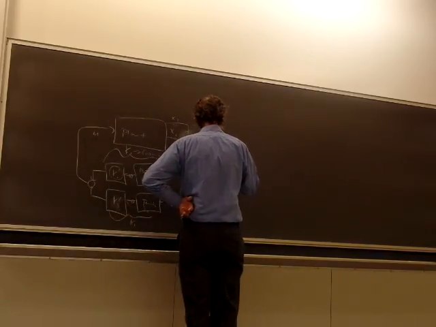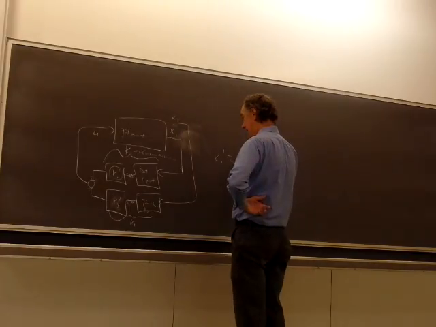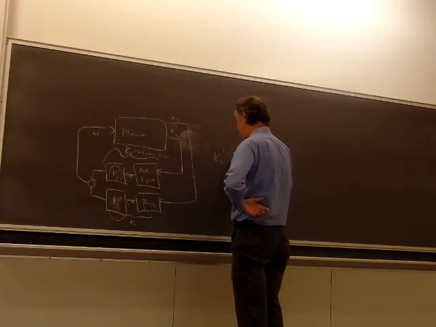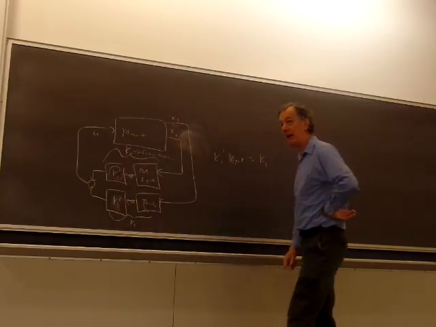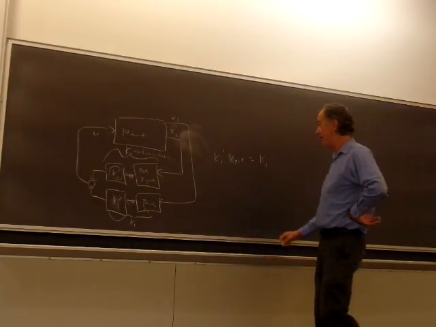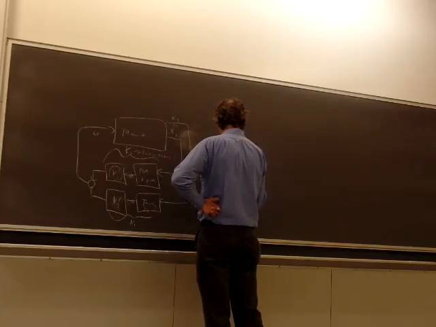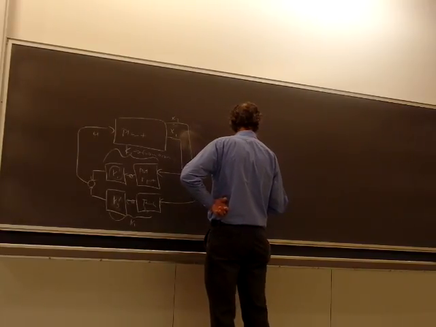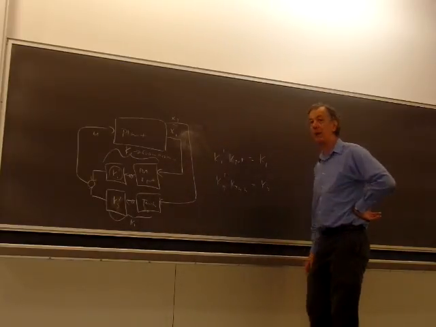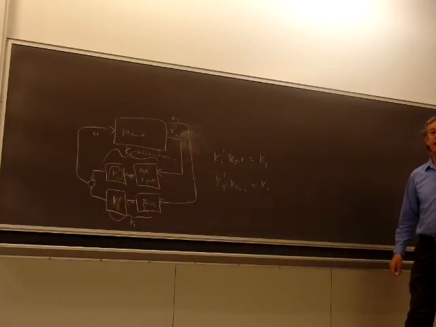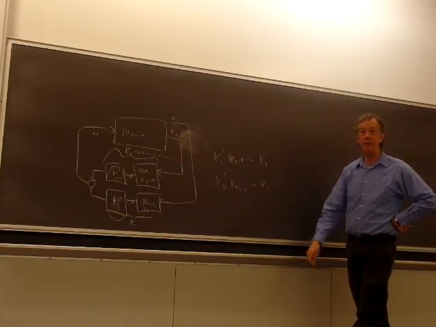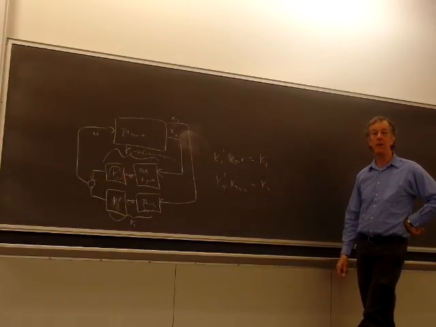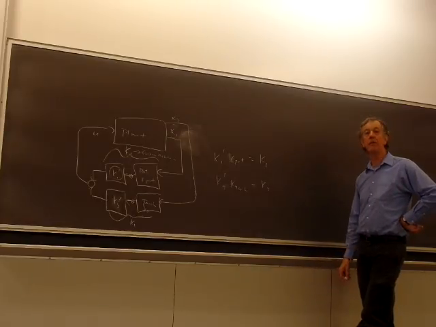So K1 prime will be what? K1 prime times K pot must be equal to K1 from Ackermann. All right. K2 prime times K tach must be equal to K2 that I found from Ackermann. So I need to adjust my gains by the gain of the potentiometer and tachometer, or whatever other transducers I have.